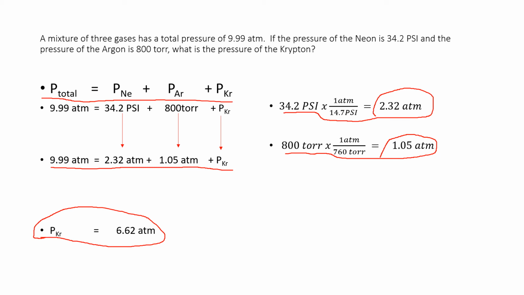If the sum of the parts doesn't equal the total, it has to be wrong. Those are the only two choices. So if we put the 6.62 atmospheres back in here, 6.62 plus the 1.05 plus the 2.32 does indeed equal the 9.99 atmospheres. So we feel really good that we did this problem correctly.